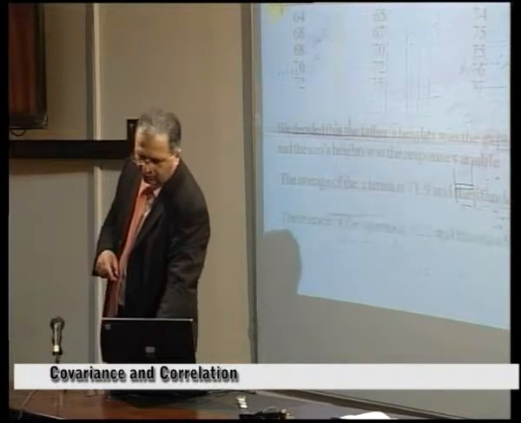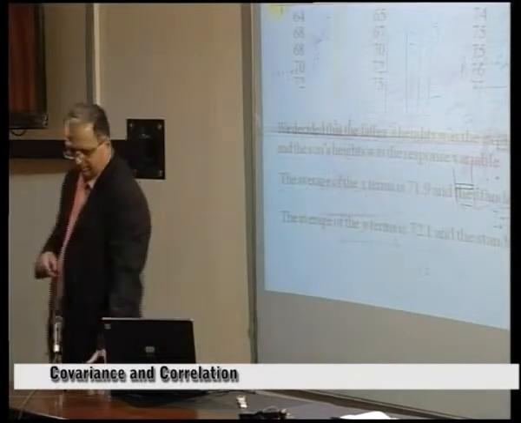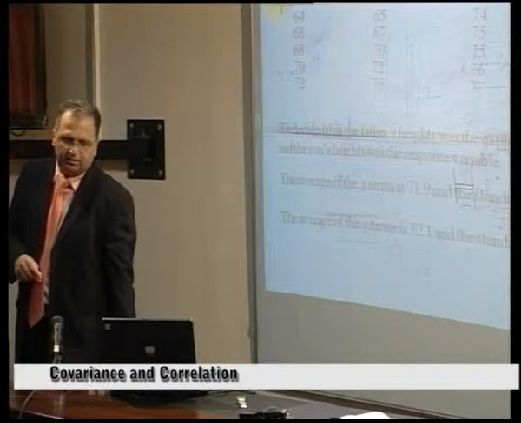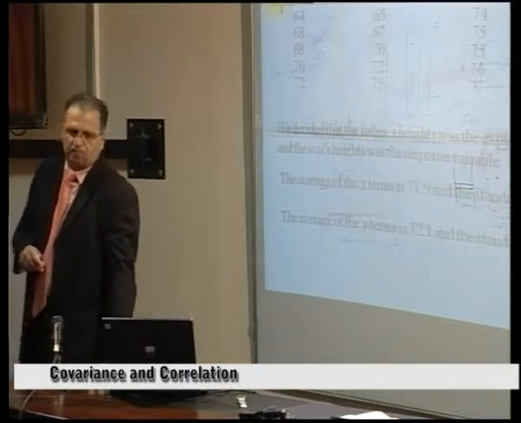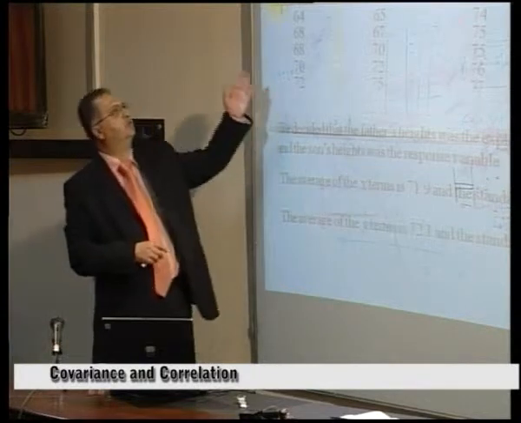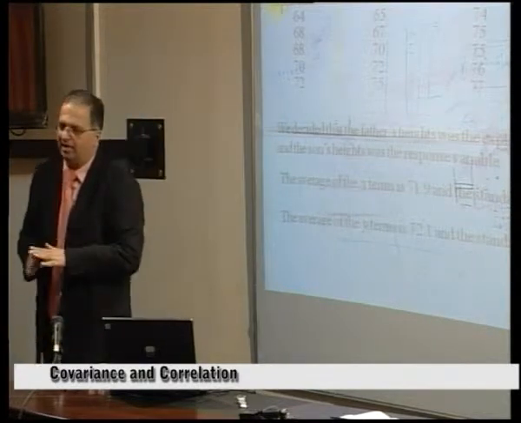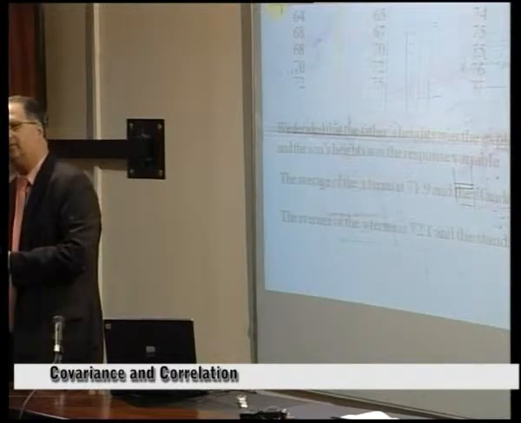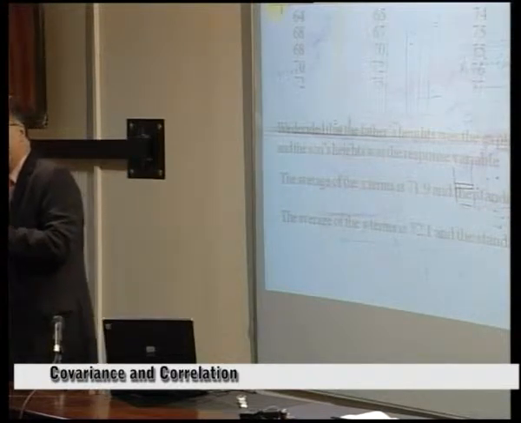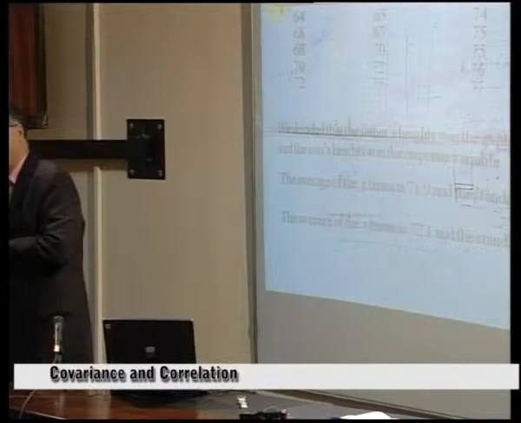Let's see how we can compute the correlation between two variables. For example, suppose we have data for father's height and son's height, and we are interested to see if father's height affects his son's height.